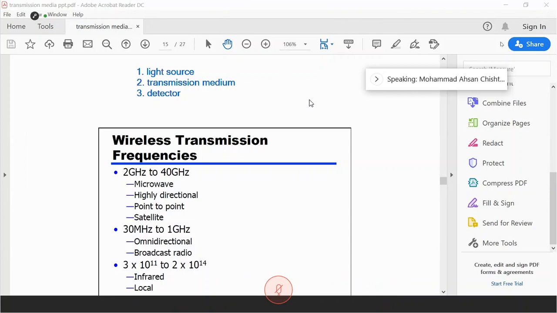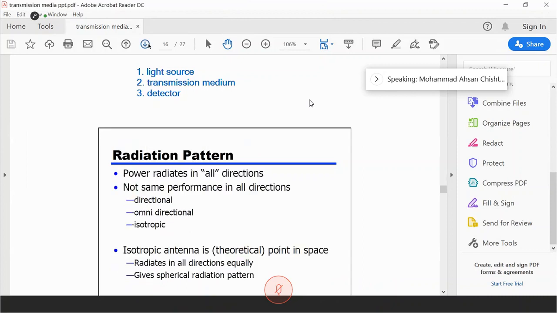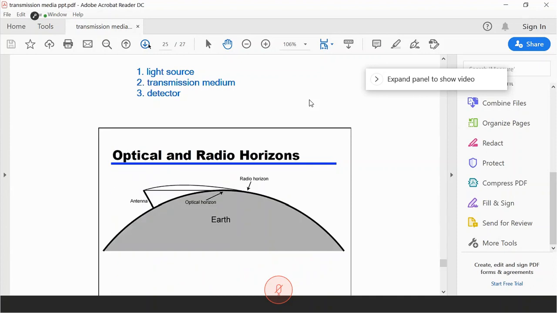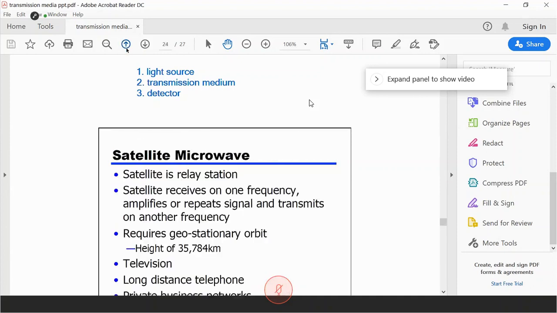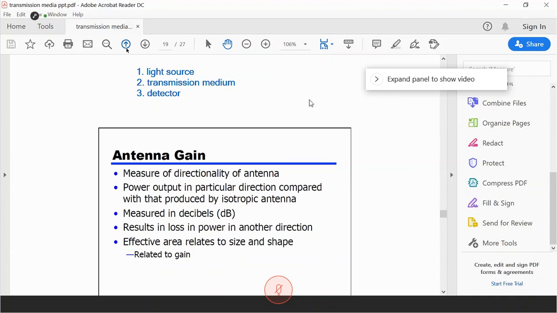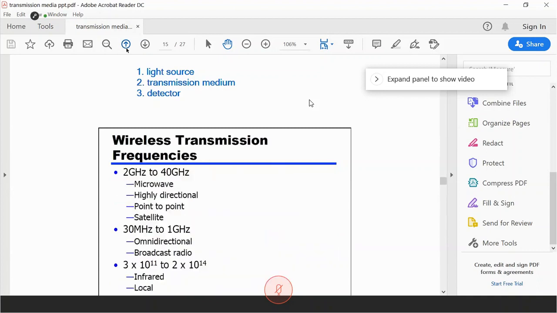If you see the spectrum, then you would get to know what frequencies are there, starting from radio, microwave, infrared, visible light, and UV, 10 to the power of 4 to 10 to the power of 16.